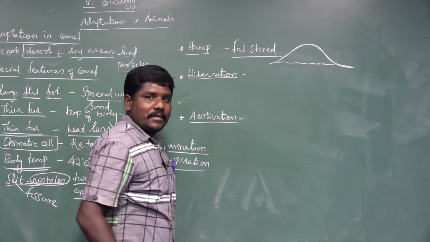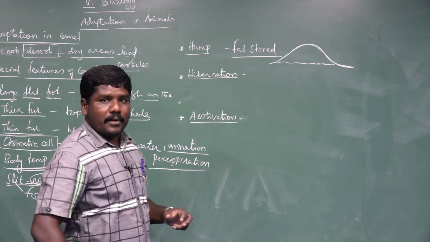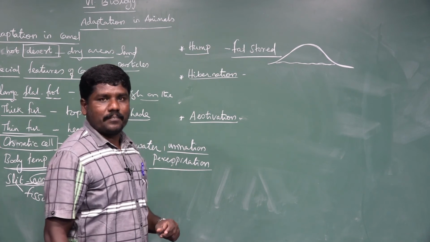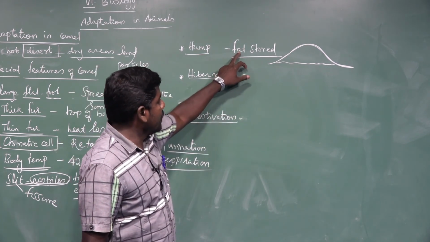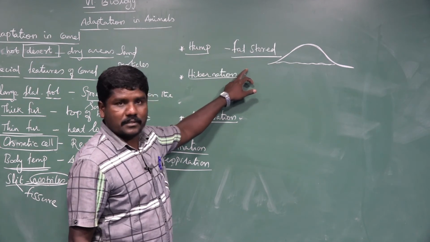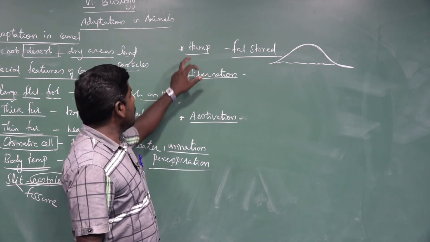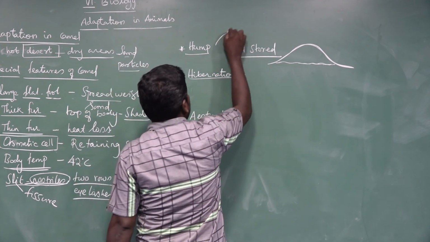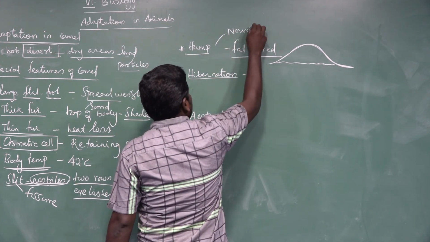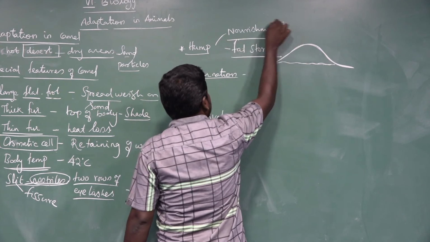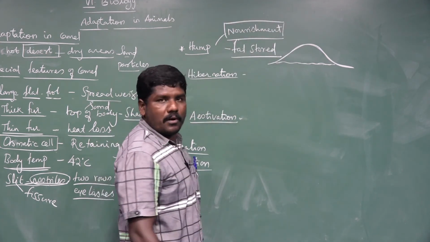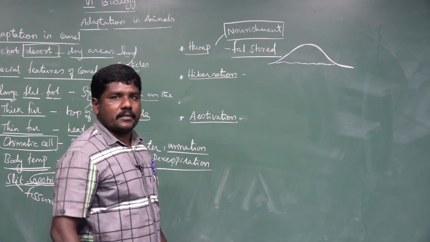In case the camel requires energy, this fat substance may be broken down and release energy. An important function of the hump is nourishment. Nourishment means it gives energy to the cells of the body.